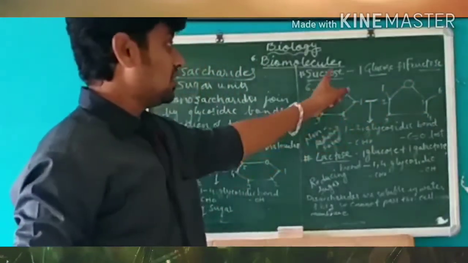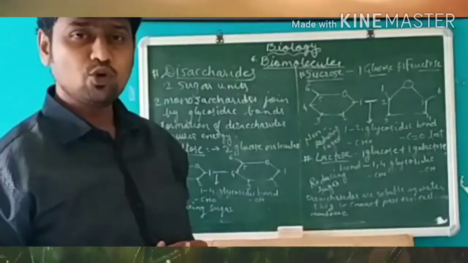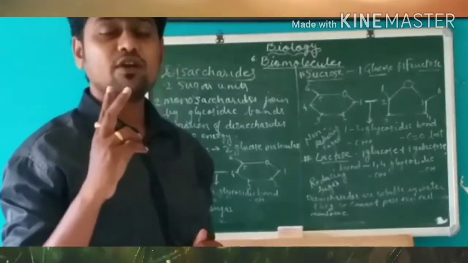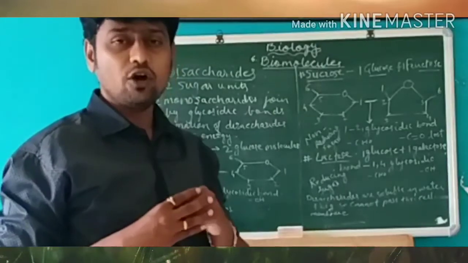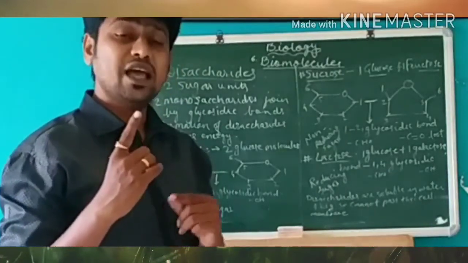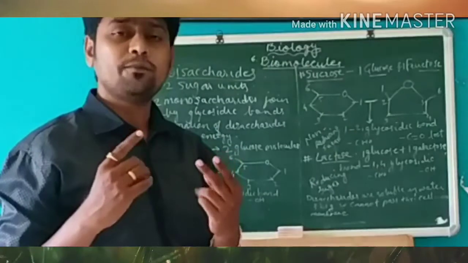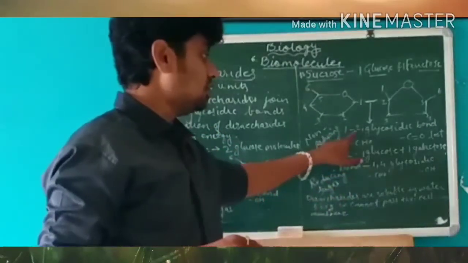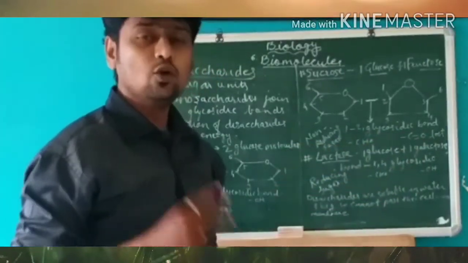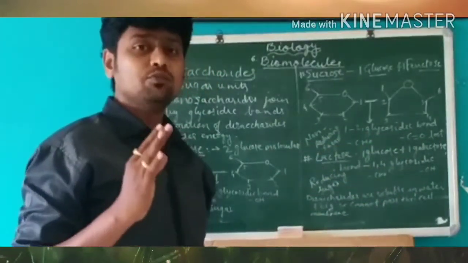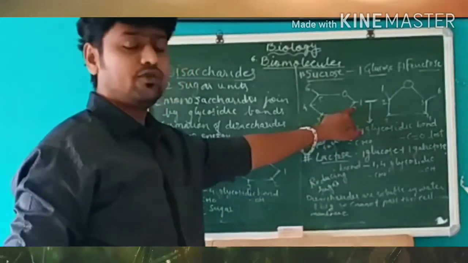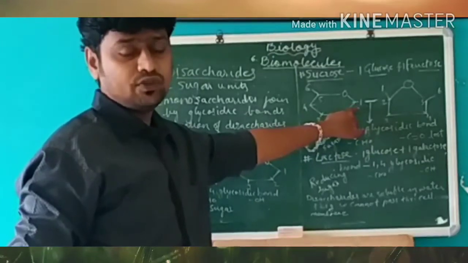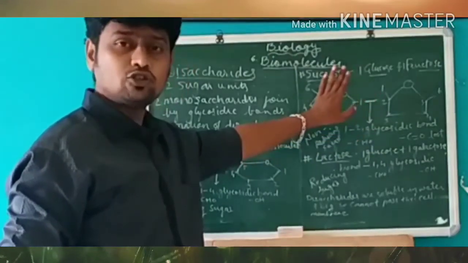When glucose and fructose come together, the bond formed is between the first carbon of glucose and the second carbon of fructose. That is why we call it the 1,2-glycosidic bond. The functional group is attached to the first terminal carbon of glucose, so the aldehyde group will be lost here.